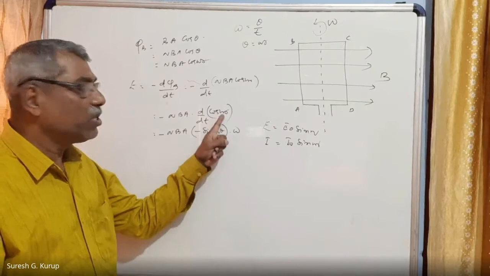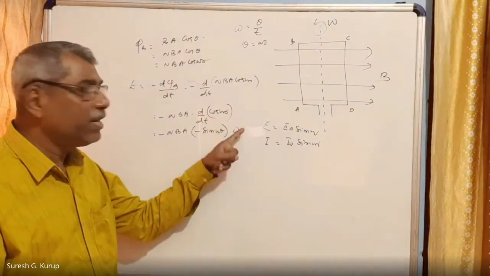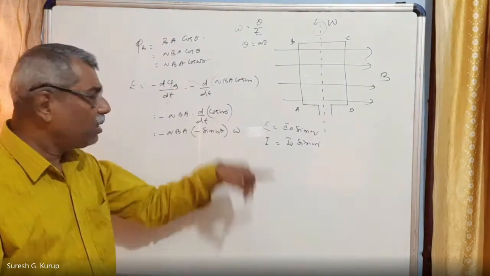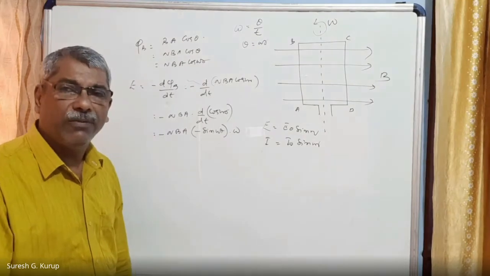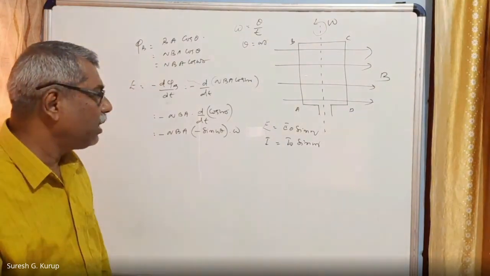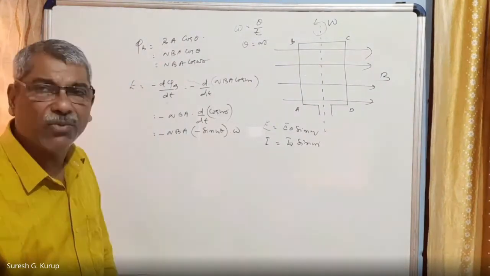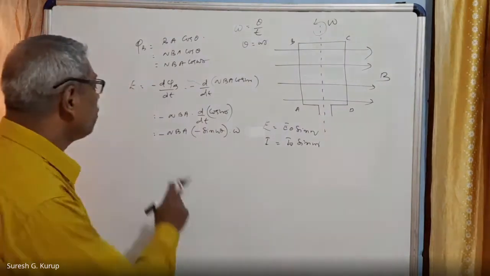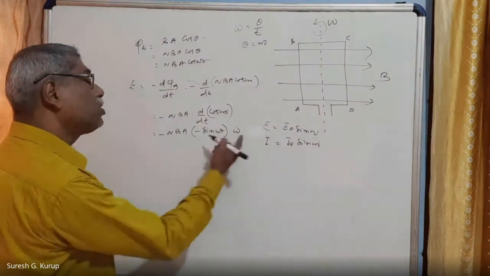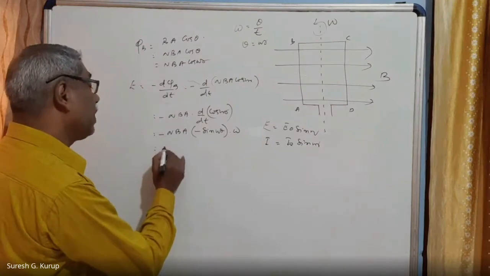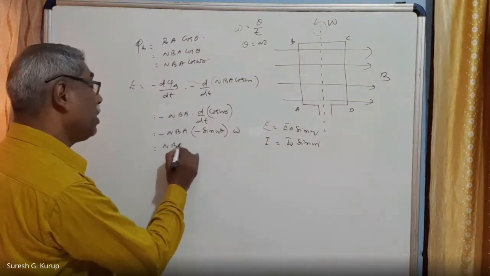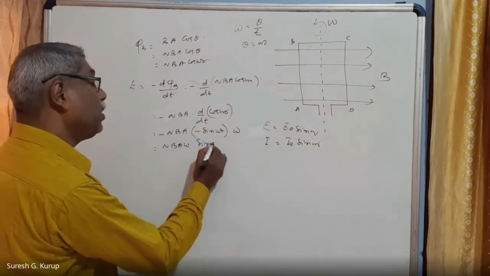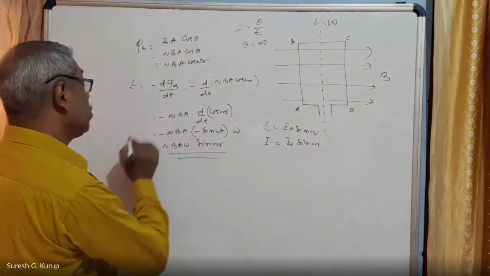When we differentiate omega t separately with respect to t, we get omega also. So minus into minus is equal to plus. Then we will get NBA omega into sin omega t. This is what is called E.